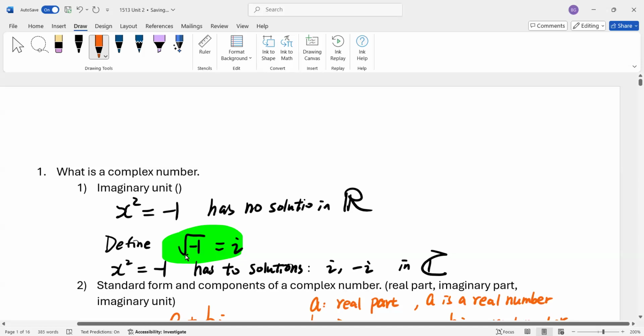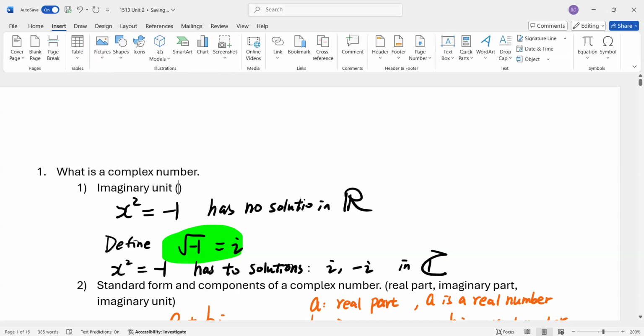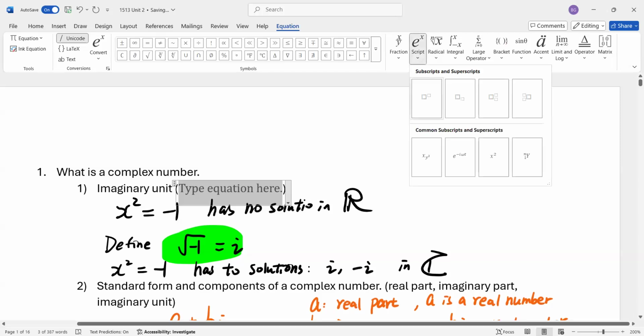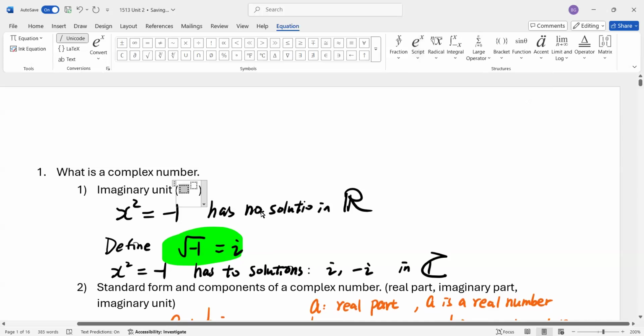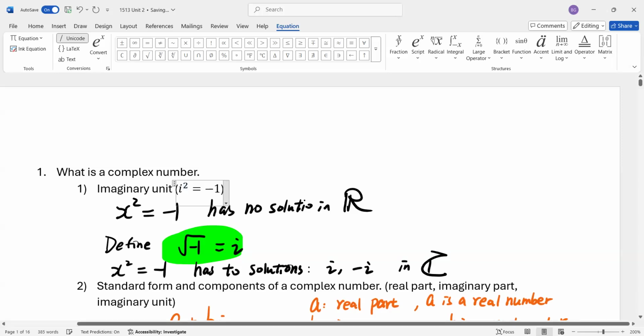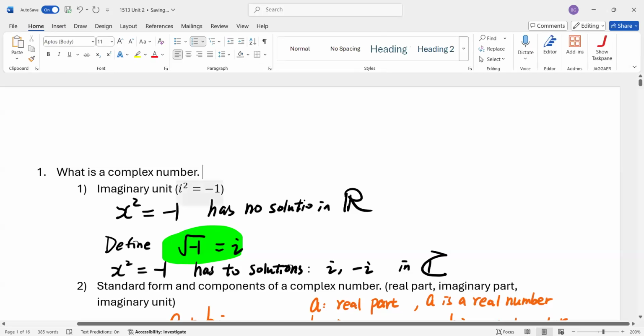Compared with this formula, root -1 is i, a more important formula is i squared. I'm going to read out this one: i squared equals -1. Insert this one: i squared equals -1. The more important formula is this formula.